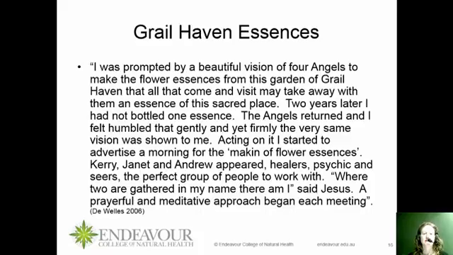This is taken from one of Jerry's books, and it talks about her ability to see, as a seer, angels or devas. She also refers to flower essence devas.